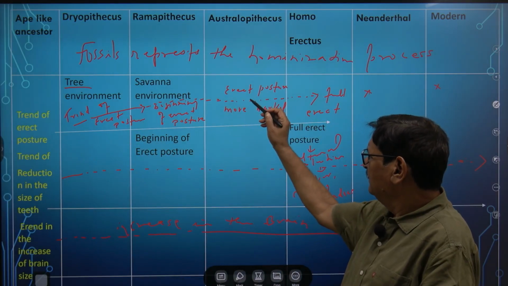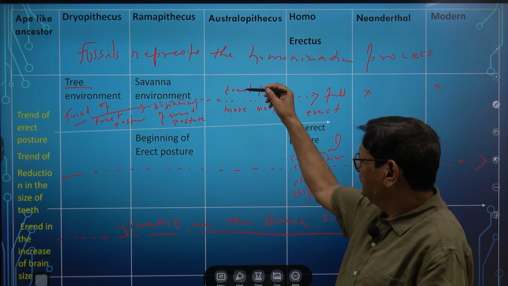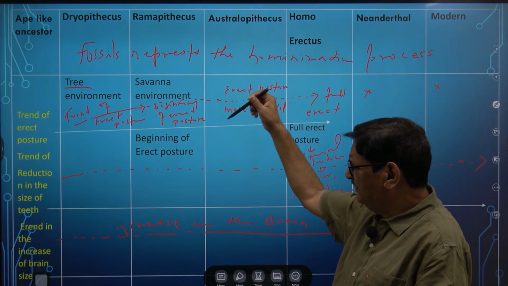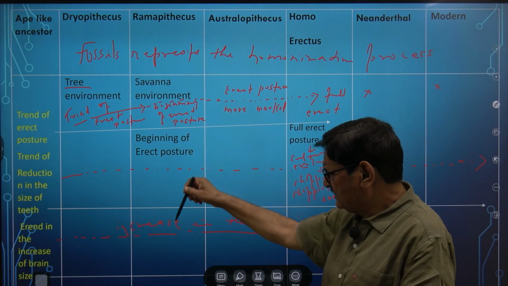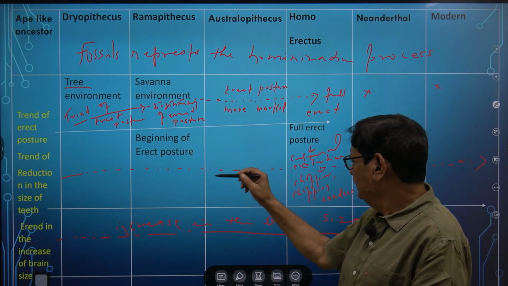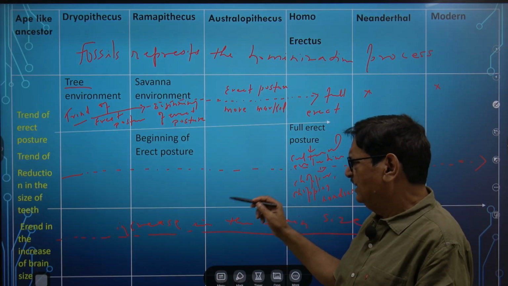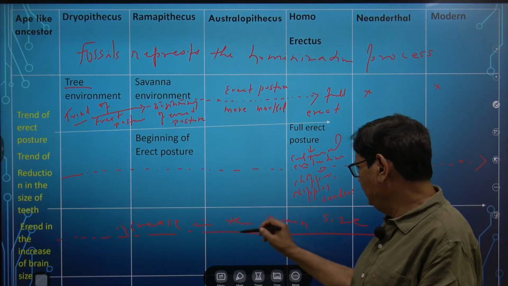First, more important, decisive trend is erect posture. Erect posture laid the foundation of the second and third trend. Second trend is reduction in the size of teeth, and the third trend is rounding of face and increase in brain size.